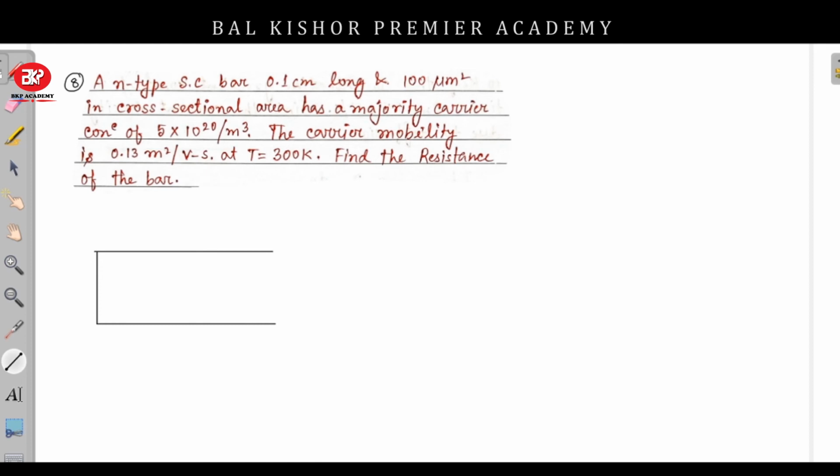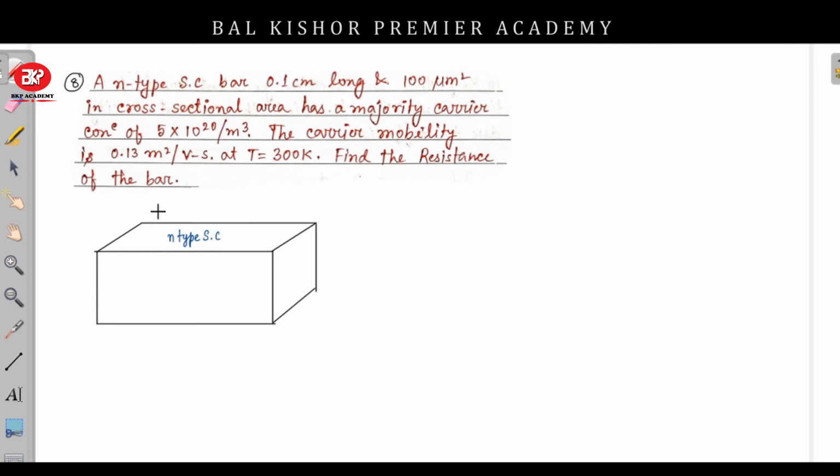The semiconductor given here looks something like this. So this is the semiconductor, and you can see that it is an n-type semiconductor.